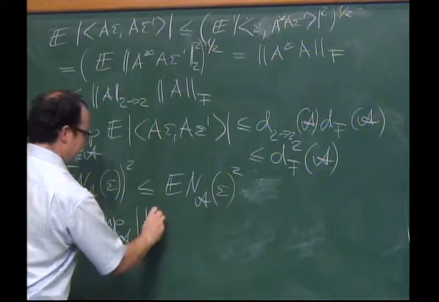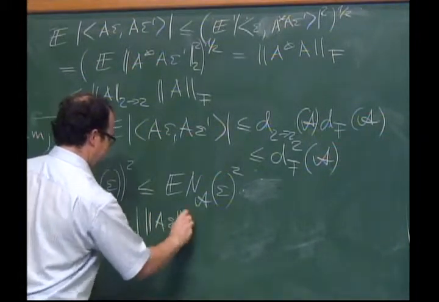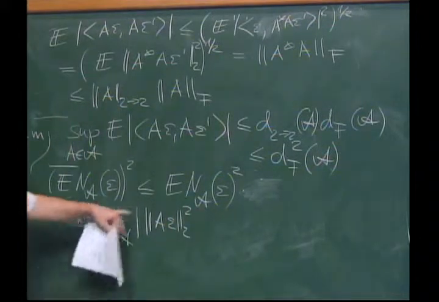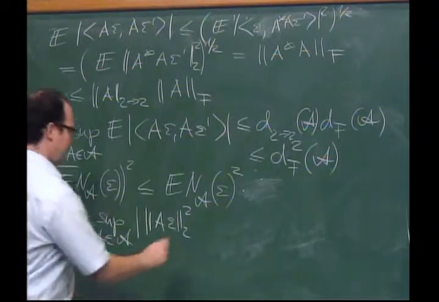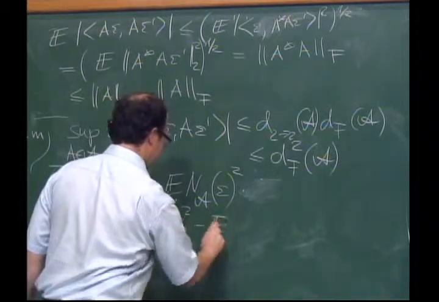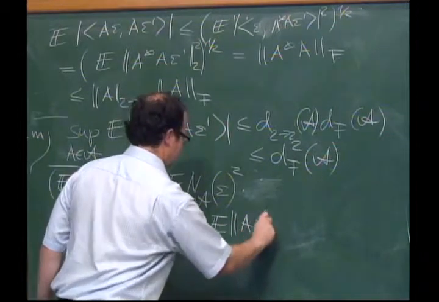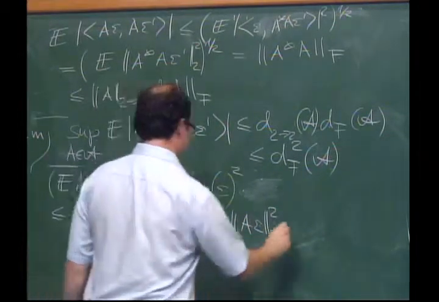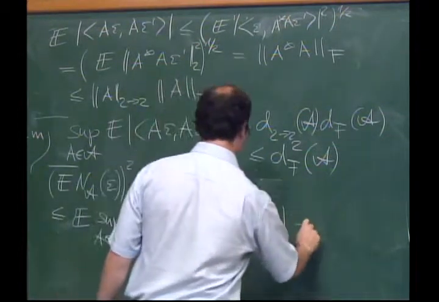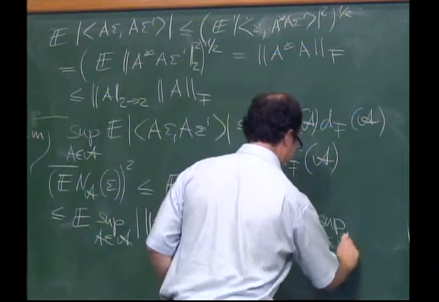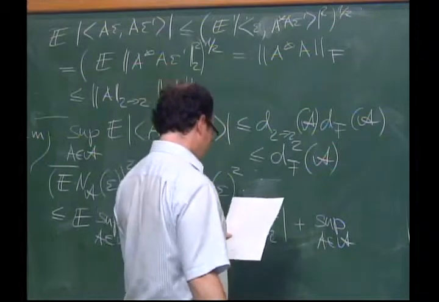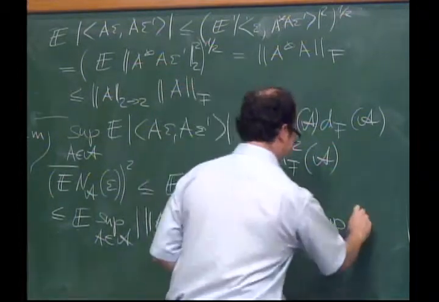So we have, okay, so this thing was actually the definition of NA up to the square. We subtract and add it again, so we get this term here.